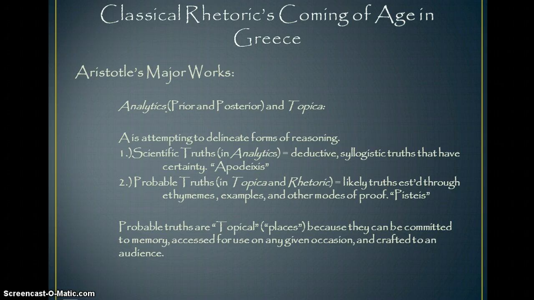Enthymemes are sort of probable truth versions of syllogisms. So true syllogisms that are apodeixis syllogisms deal with science. There are enthymemes, they're like syllogisms that deal with probable truths. Examples, maxims, other types of proof. These are all lumped under pisteis, which is kind of the general word for proof, but in the sense of probable truth, not scientific truth.